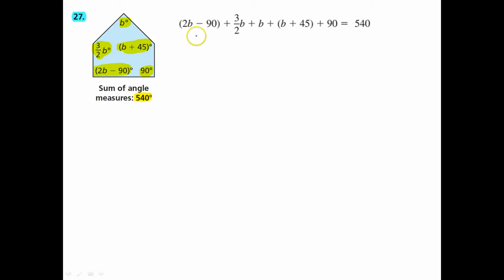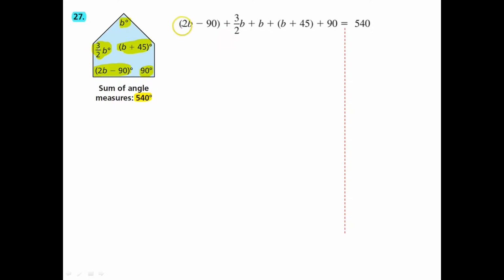Alright, so now we need to try to simplify the left side of this equation. And a good habit to get into is writing a light line right under the equal sign, just to keep track of where our equal sign is. It helps the brain remember that there's two sides of the equation.